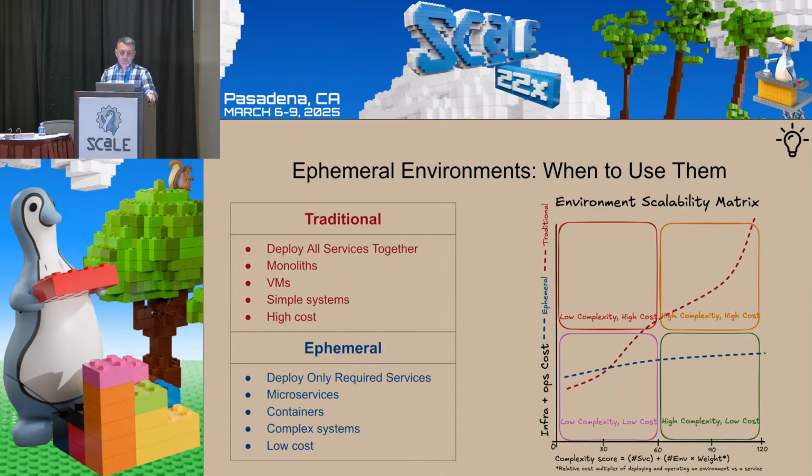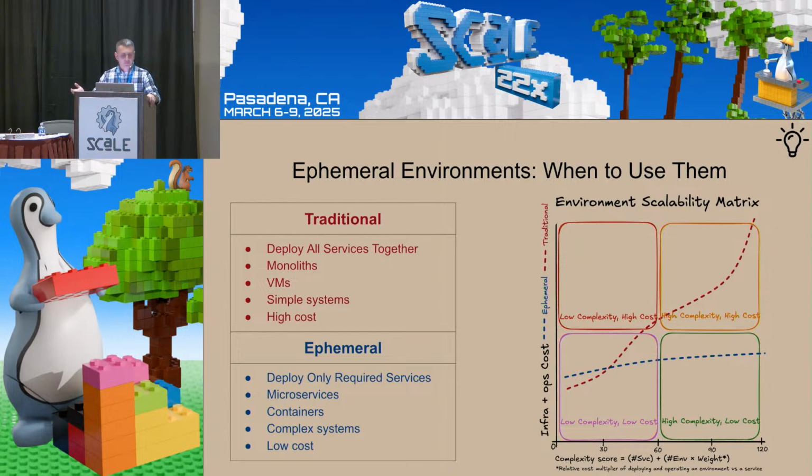And ephemeral environments are not always the right answer. Sometimes it is the best path forward, sometimes it is not. I call this the environment scalability matrix, essentially. It depends where you fall within these quadrants. You might consider or not consider ephemeral environments because they come with operational cost and other things that we will get into shortly.